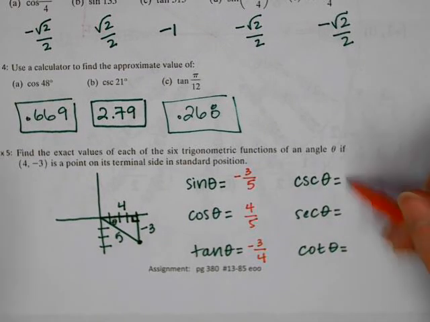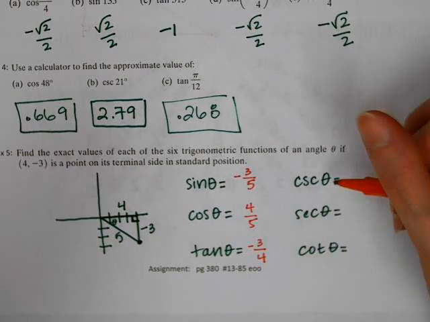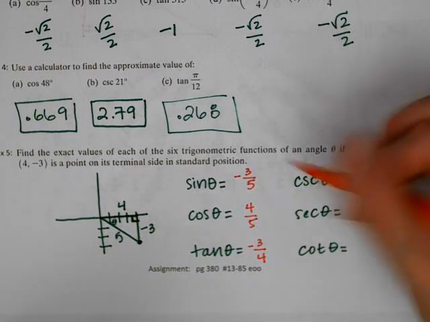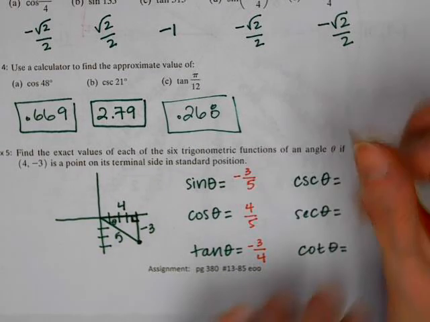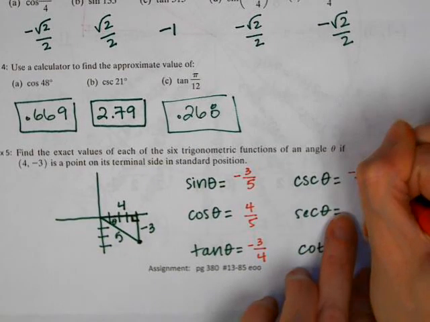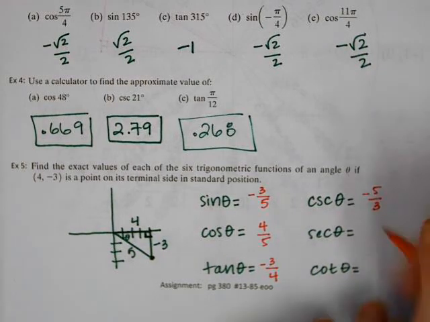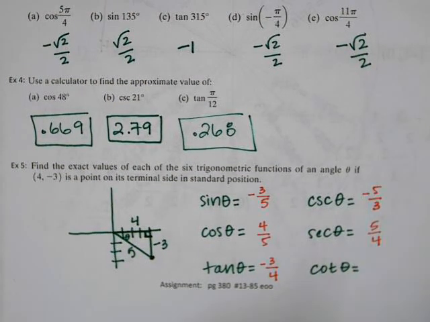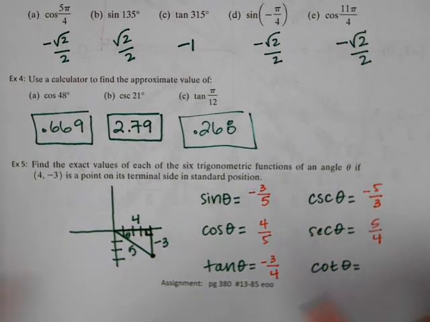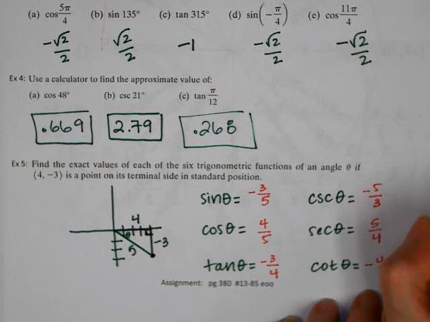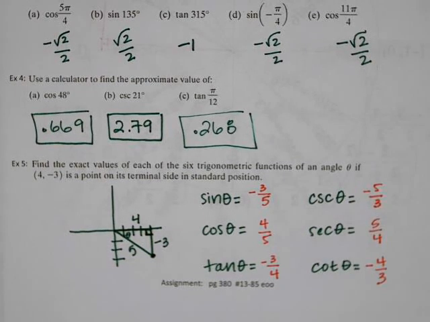And then these are just the reciprocals of their buddies. The reciprocal of cosecant is sine, so negative 5/3. The reciprocal of secant is cosine, so 5/4. And the reciprocal of cotangent is tangent, so negative 4/3. And that's all you guys have to do.